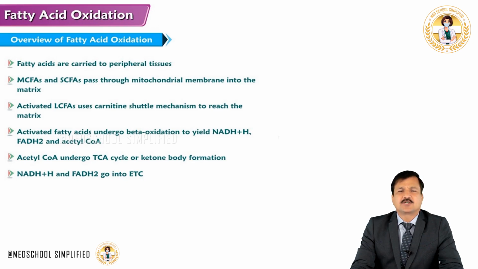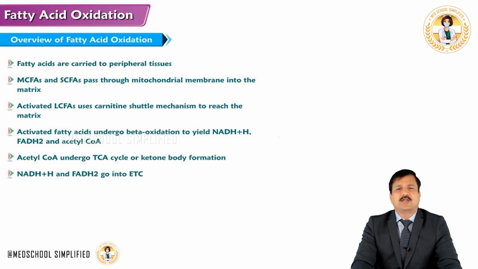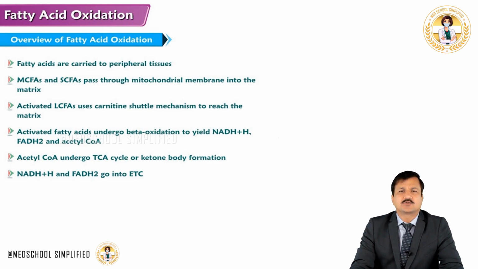Long chain fatty acids usually contain carbons more than 12 and less than 22, meaning 13 to 21. So, they use the carnitine shuttle mechanism to get into the matrix of mitochondria, and they are activated over the outer mitochondrial membrane.